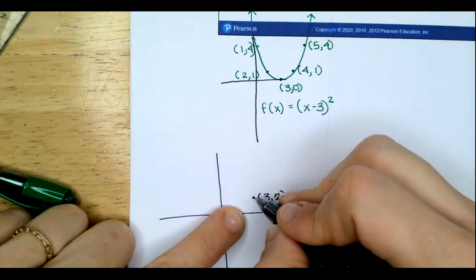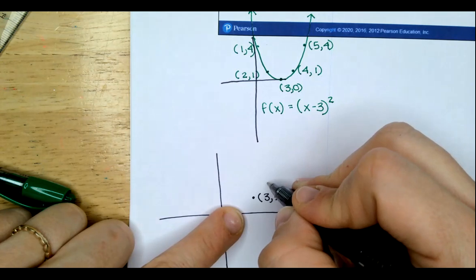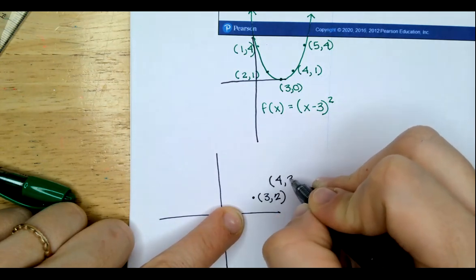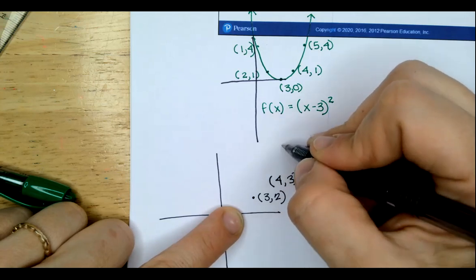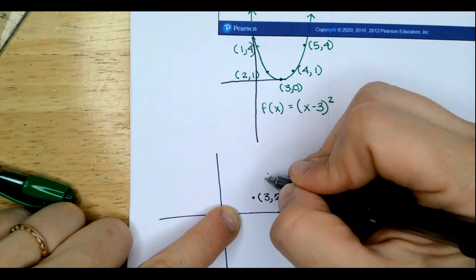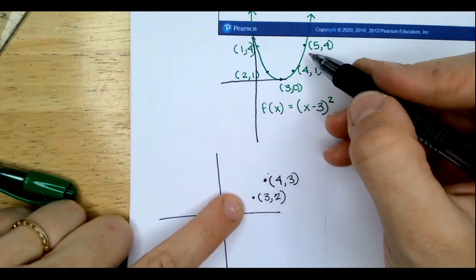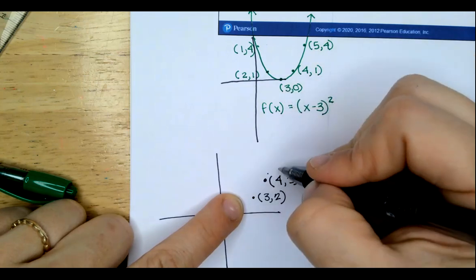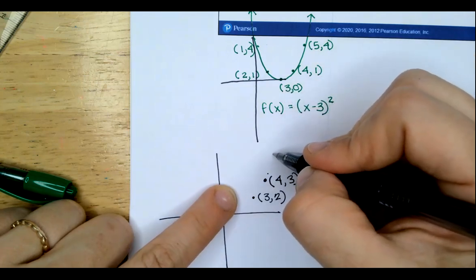Instead of (4, 1), it's going to be (4, 3). (5, 4) becomes (5, 6).